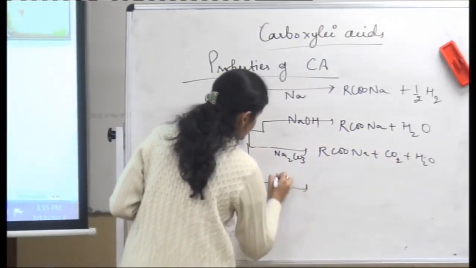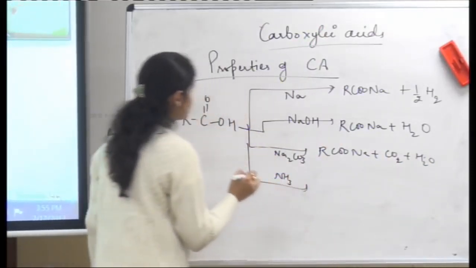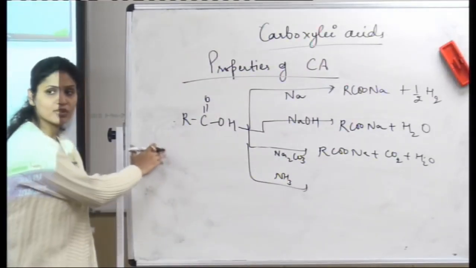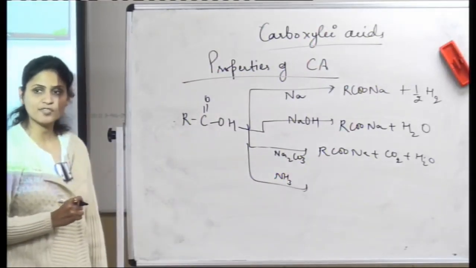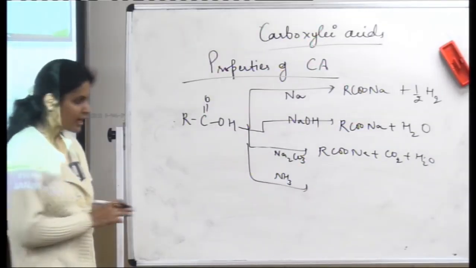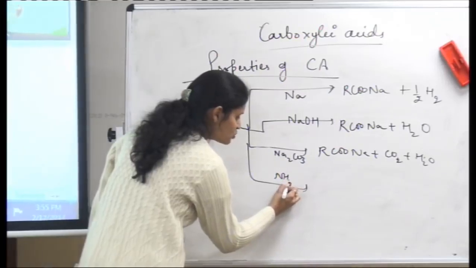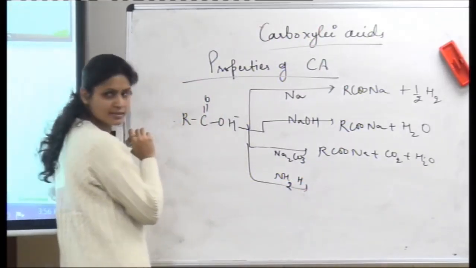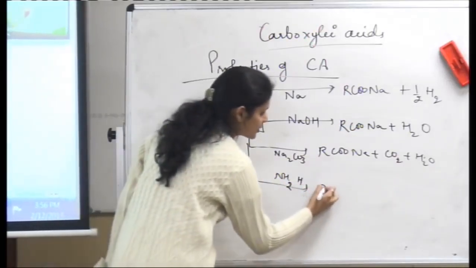What about reaction with NH3? This reaction is a part of the formation of the derivatives of acids. What should be the product? I can write this as NH2 H and this as OH minus, right? So what should be the product?